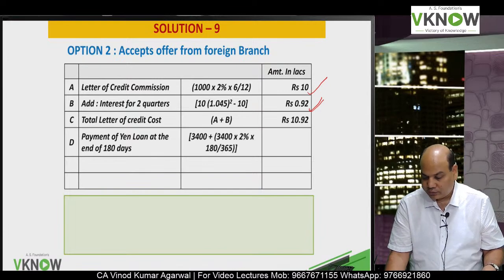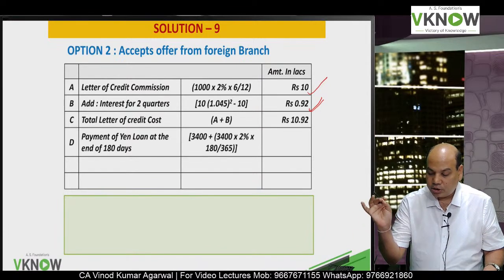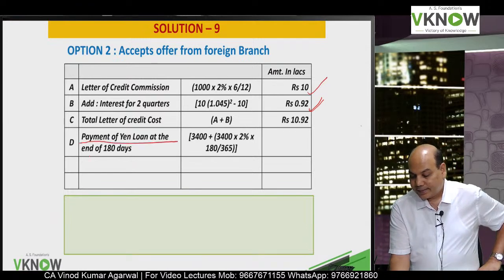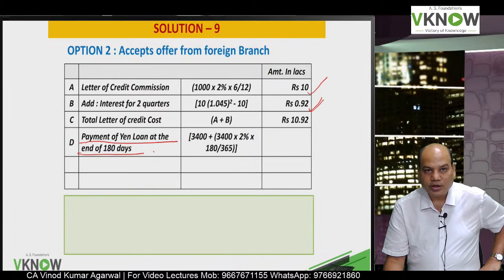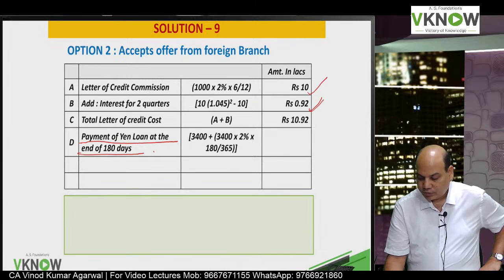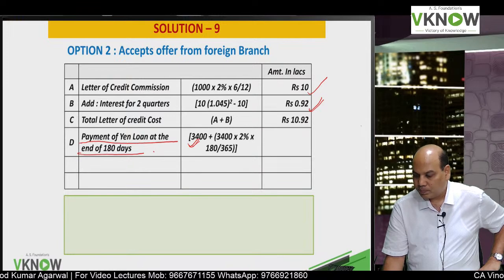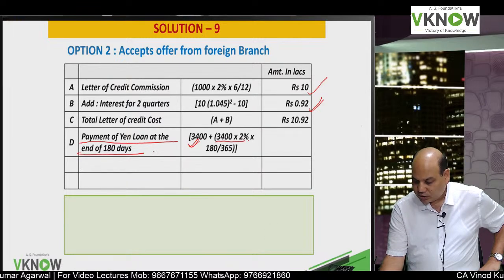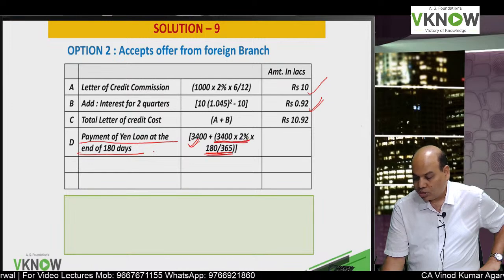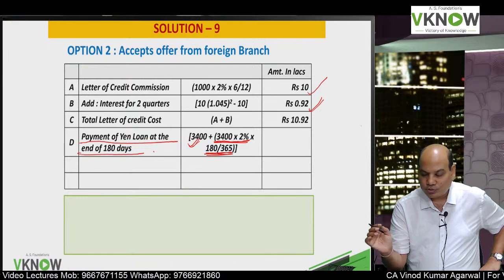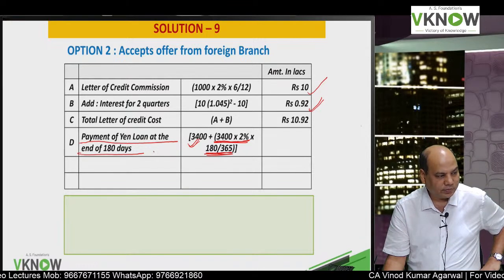Now we are also going to repay the loan with interest at the rate of 2% per annum for 180 days. So write down repayment of yen loan at the end of 180 days. So this is the loan amount 3400 plus this is the interest on yen loan, 3400 into 2% into 180 by 365.